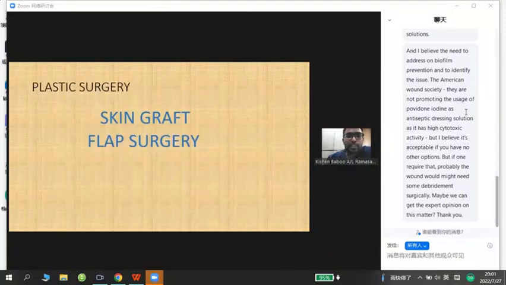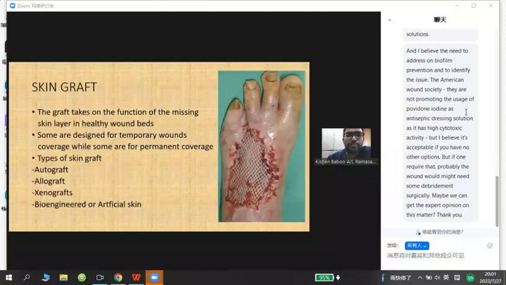Next comes plastic surgery, where there's the option of skin graft and flap surgery. A skin graft takes on the function of the missing skin layer in healthy wound beds. Some are designed for temporary wound coverage, but some are for permanent coverage. The types of skin graft are autograft from your own body, allograft from another person, xenograft from another source, usually animal, and bioengineered or artificial skin.